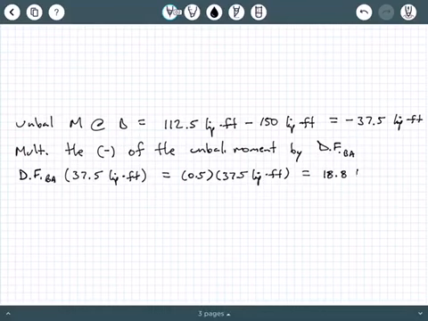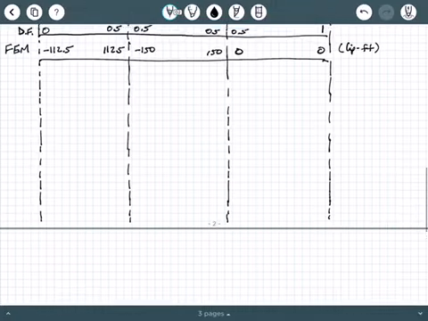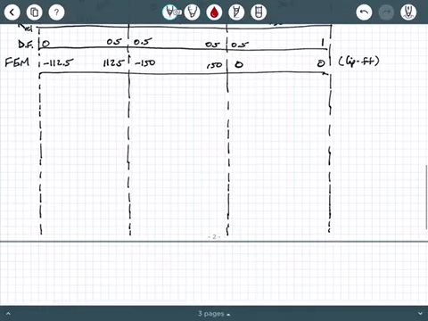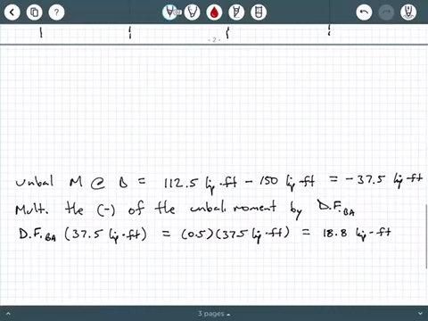It's like 18.75, so I'm going to round that to 18.8 kip feet. Okay. Now, what are we going to do? We're going to put that 18.8. That 18.8 is going underneath this value right here, 18.8. Okay, so we're good so far, right?